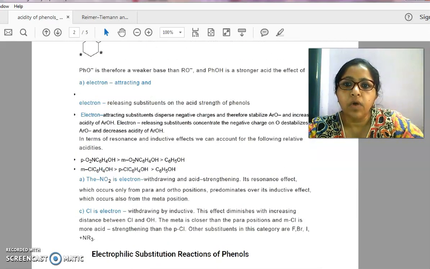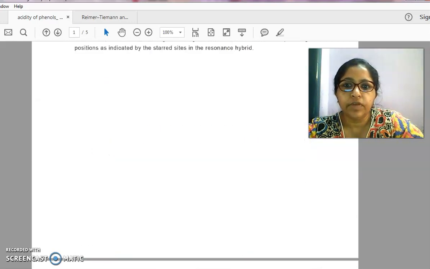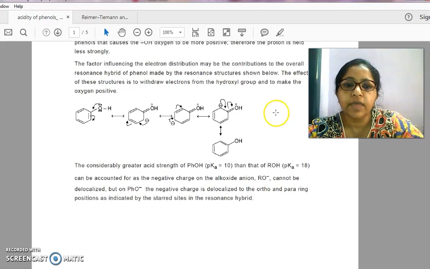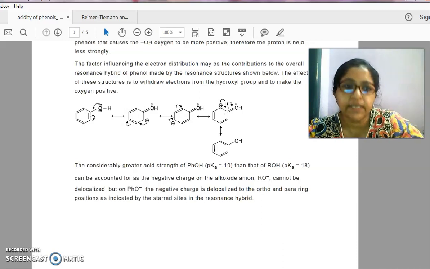In the ring of the phenol, as you can see, the negative charge keeps on resonating. So this is a kind of electron rich species. So if something has to attack on the ring and there is a substitution happening on the ring, what can come?